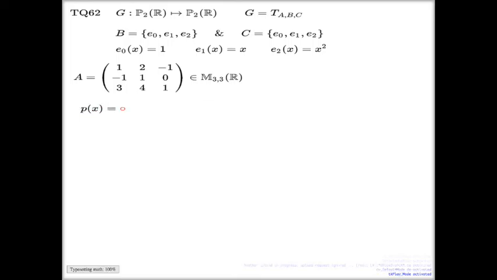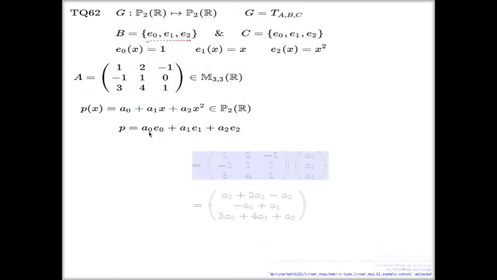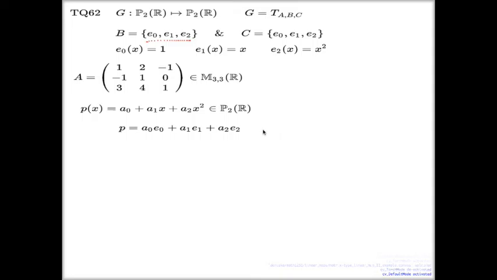Look at this. I start off with a random element in my domain, V. It's a random element with randomly chosen coefficients, A0, A1, A2. This is a representation of this element in terms of the basis B. So, if you ask me what are the coordinates of my vector P with respect to the basis B, that's the triple of numbers, which is exactly the coordinates.